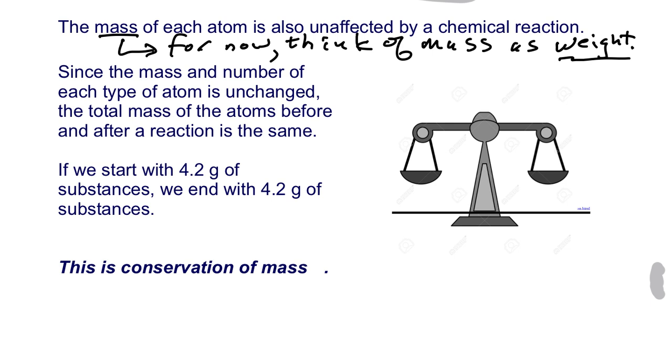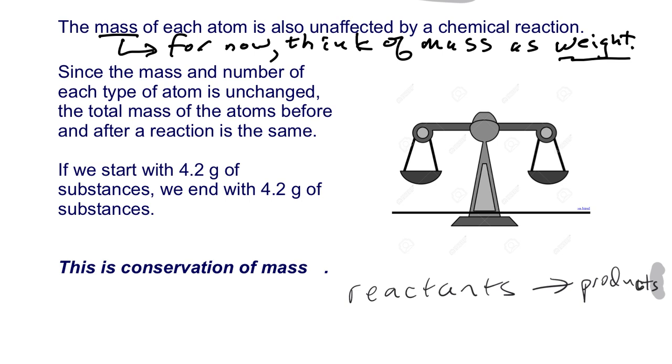Okay, so let me just emphasize that the reactants are the chemicals before a chemical reaction, and products are the chemicals after the chemical reaction occurs.